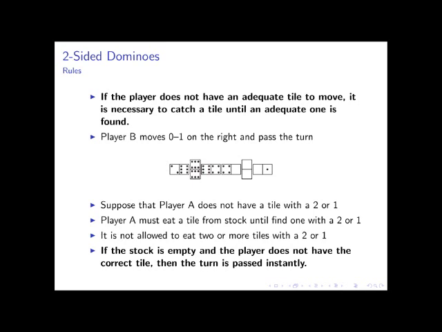Then player A must eat a tile from stock until finding one with a 2 or 1. It is not allowed to eat 2 or more tiles with a 1 or 2. If the stock is empty and the player does not have the correct tile, then the turn is passed instantly.